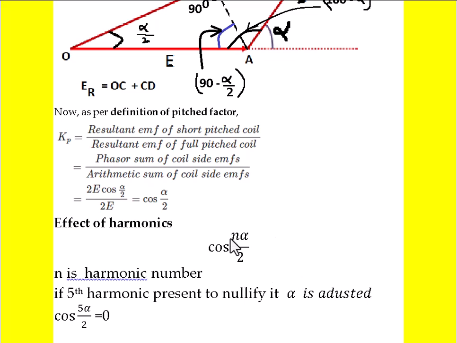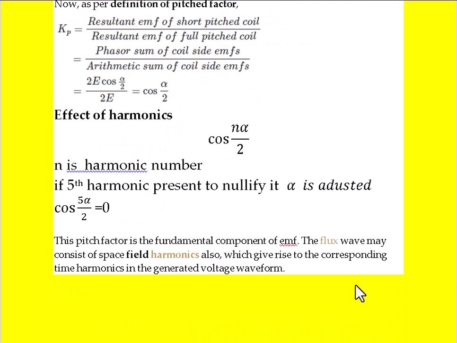Normally in the alternator, third harmonic and fifth harmonic will be present. So when they are present, to nullify that, the alpha should be redesigned. Suppose only the fifth harmonic is present, in that case cos 5 alpha by 2 must be equal to 0.